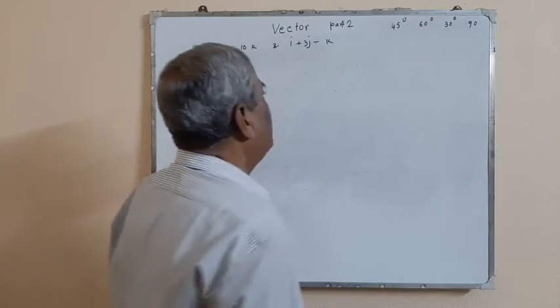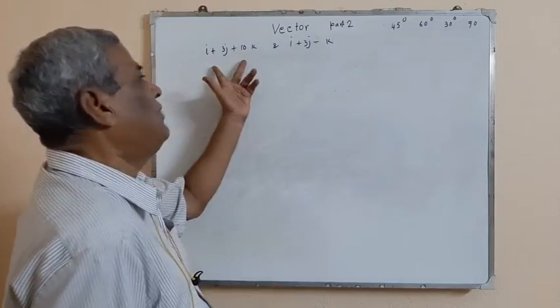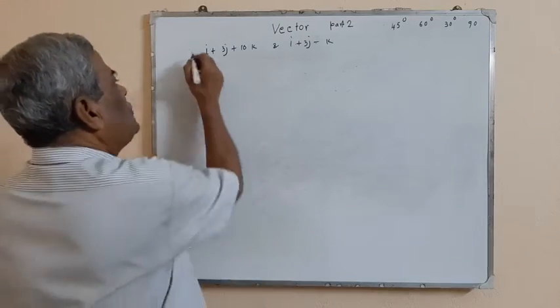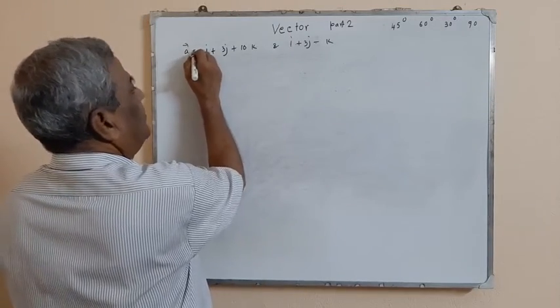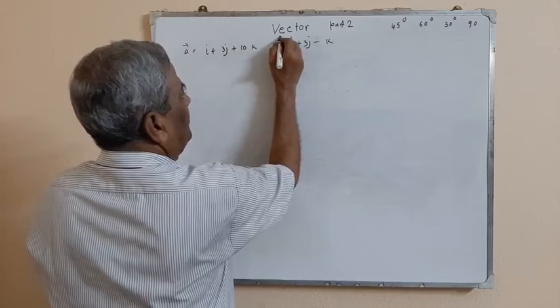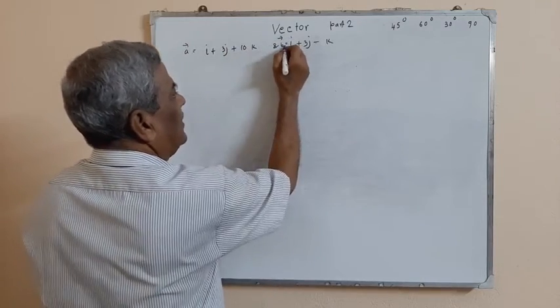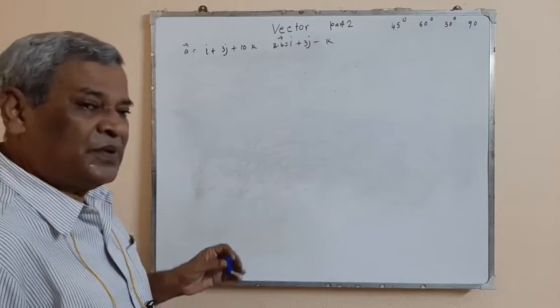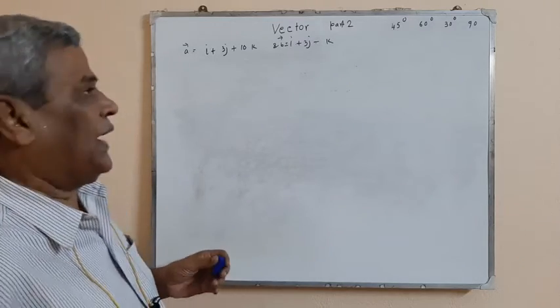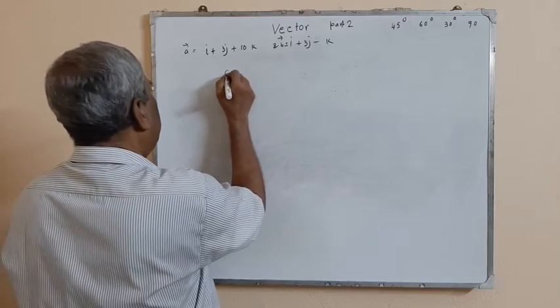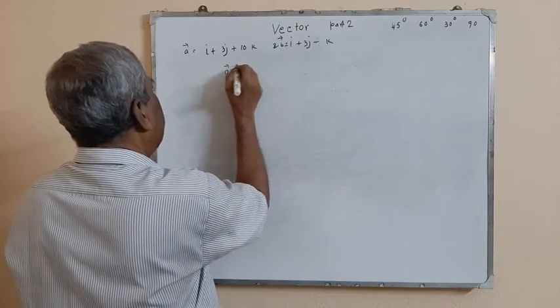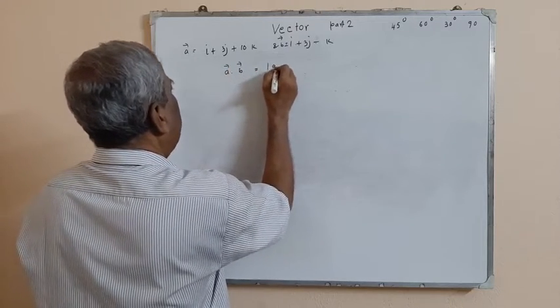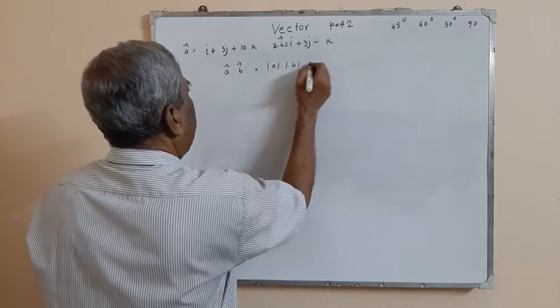We have to find the angle between two given vectors. Suppose this vector is A, this vector is B. Angle can be obtained from the property of dot product. A dot B, we know that A dot B is equal to magnitude A, magnitude B into cos theta.